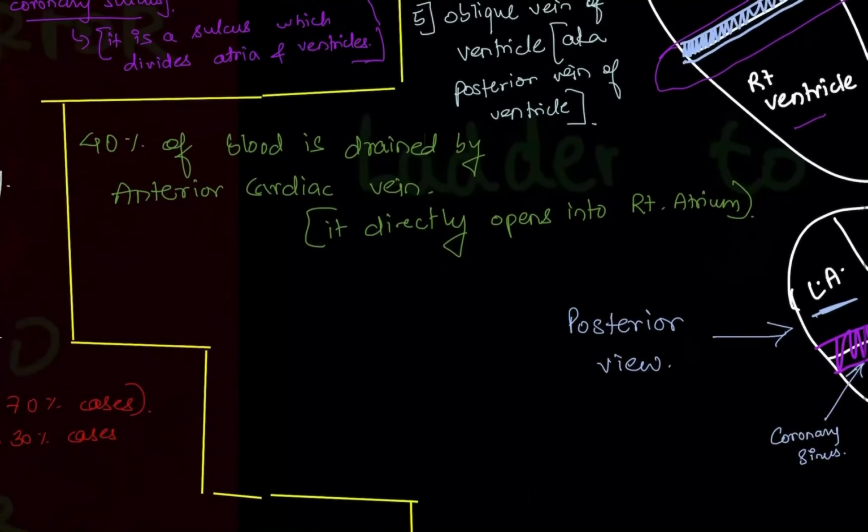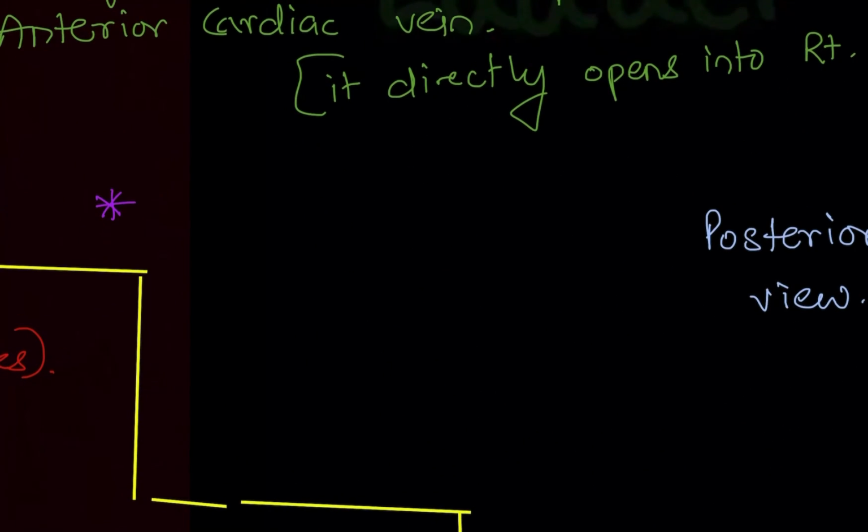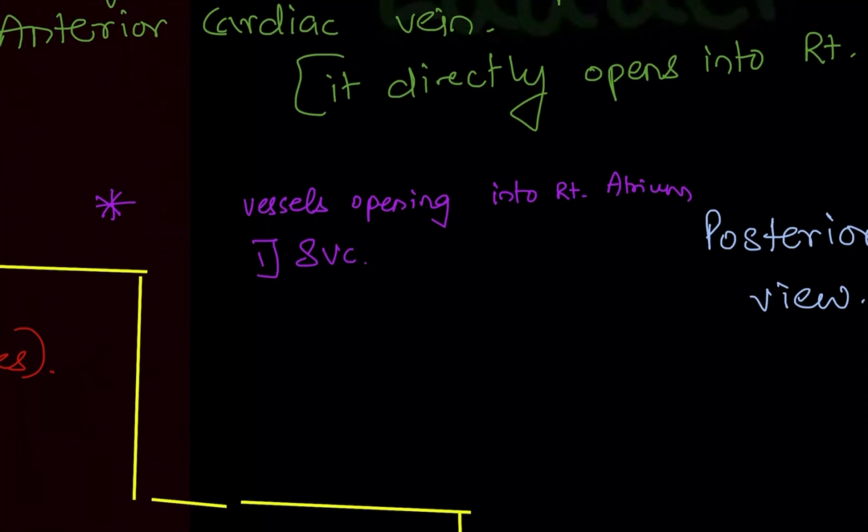Now let's do the crucial question regarding which vessels open into the right atrium. Don't write veins, write vessels opening into the right atrium. First, you must know this, the superior vena cava. The second is the inferior vena cava.